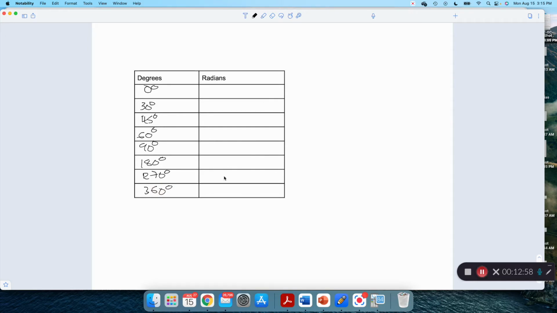Some of these we already know. For example, we know 360 degrees is 2 pi radians, and we know 180 is pi radians. We just did 30 degrees is pi over 6 radians.